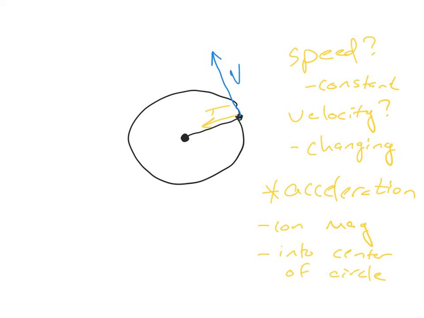So we could use this to talk about quite a few different things, but what we got from it is this concept of centripetal acceleration, and the formula for that is v squared over r. So the magnitude of the acceleration is v squared over r. And then what's causing that acceleration? Well, it's the tension that's causing that acceleration. What causes acceleration? Oh yeah, forces.